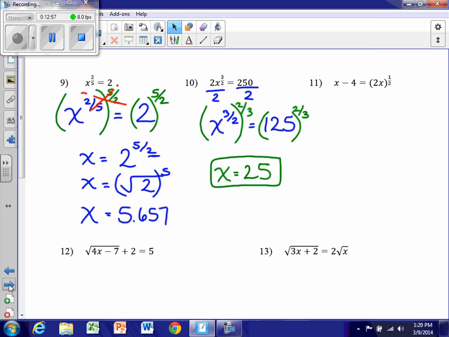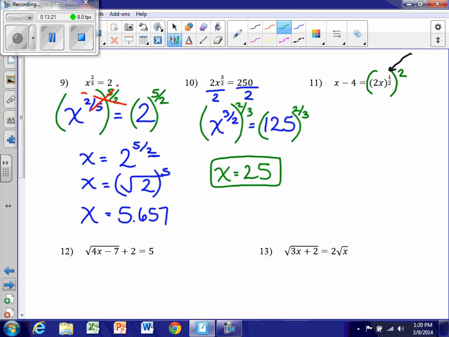All right, number 11 is just slightly different because I have a fractional power on one side and not on the other. But it is in parentheses, it is by itself, so I am going to raise it to its reciprocal, which in this case is 2.